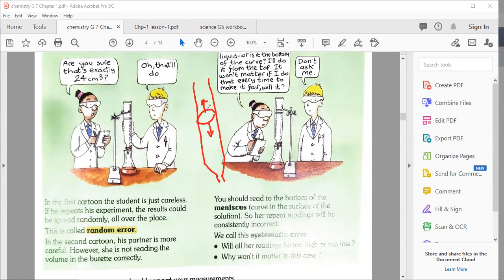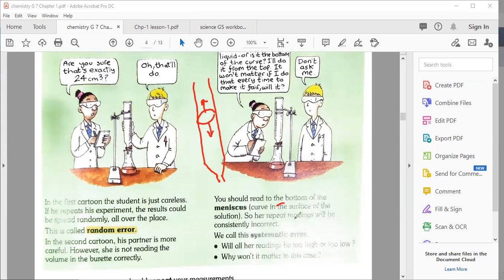If she doesn't know for which solution we need to read which layer, upper or lower, then she is just going to make a mistake. For colored liquid, we have to read one, and for colorless, we need to read the other meniscus.